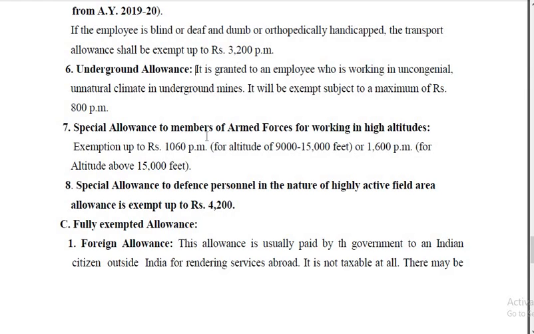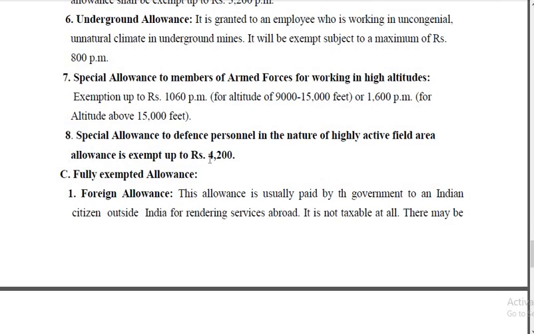Special allowance to members of armed forces for working in high altitudes: the rate varies here. Then special allowance to defense personnel in the nature of highly active field area allowance is exempt up to rupees 4,400.